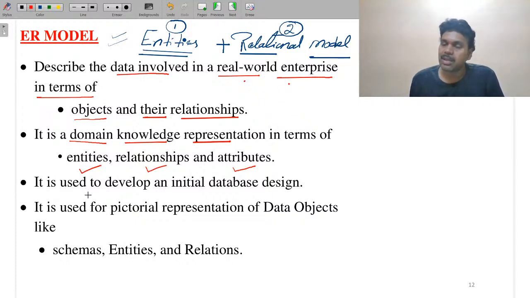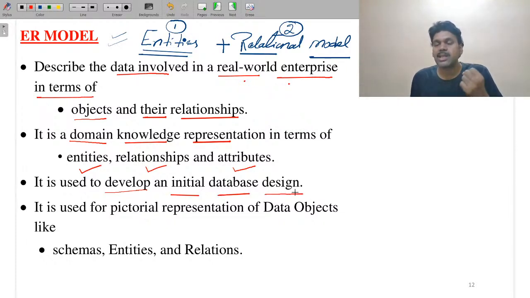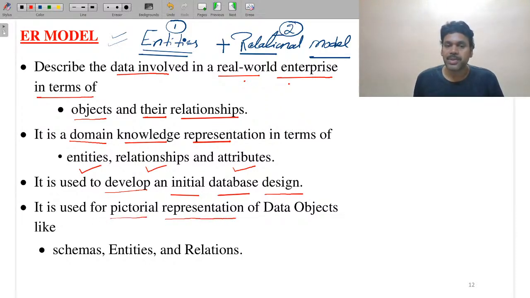Now, what is the other importance of this ER model? When you are developing or designing any project, it is used to develop the initial database design. It's nothing but the analysis part, the collection of things and how you are able to represent them, which is possible with the ER model. So this is going to be represented in the form of pictorial representation of your data objects, which we do for schemas, entities, and relations.